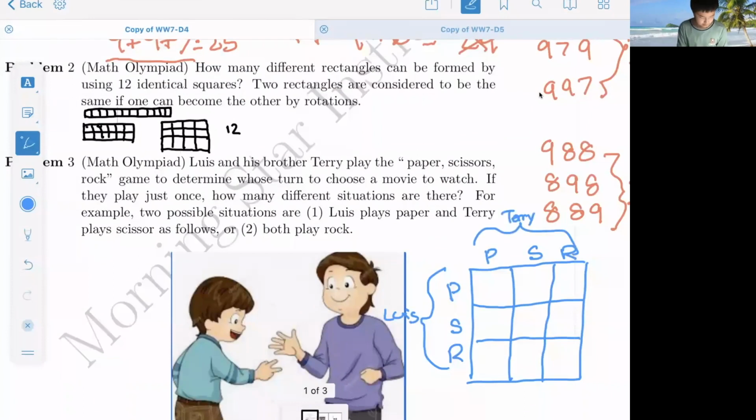As you can see, there are 9 possible combinations. 1, 2, 3, 4, 5, 6, 7, 8, 9. So Terry plays paper, Louis plays paper, Terry plays scissors, Louis plays paper, Terry plays rock, and Louis plays paper, and so on. So there is a total of 9 combinations.